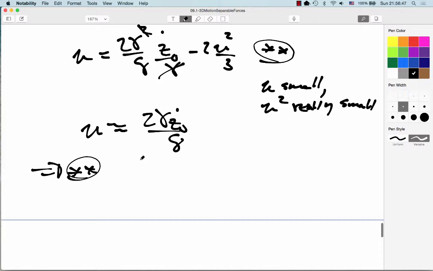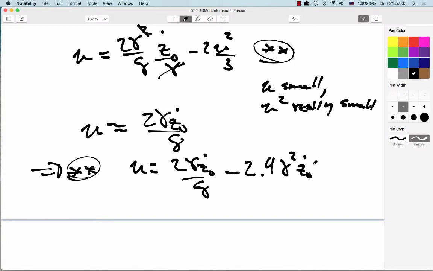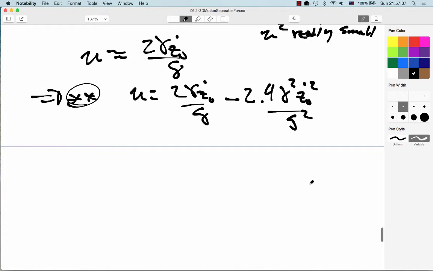So we do, and we will get u equals 2 gamma z naught dot over g minus, and now we square this, so minus 2 times 4 gamma squared z naught dot squared over g squared, and we can clean that up.